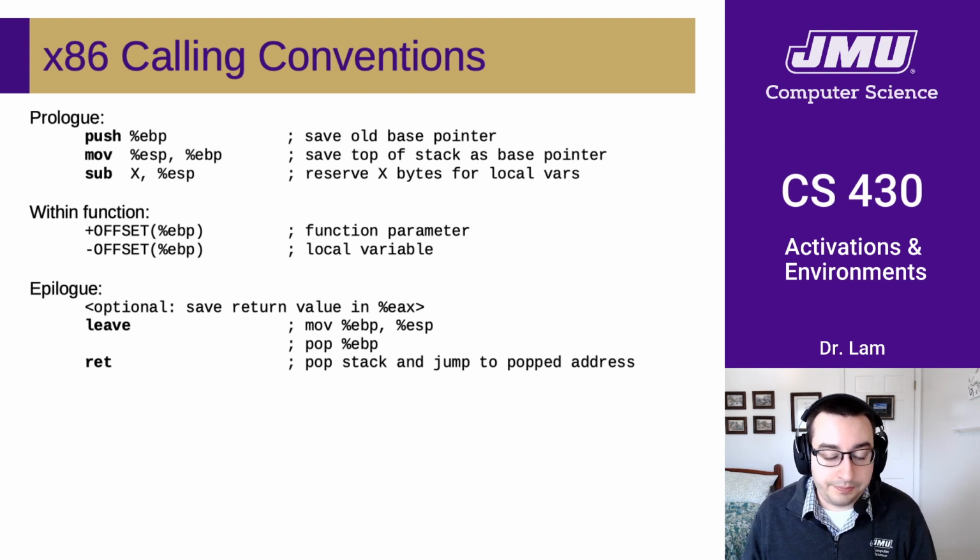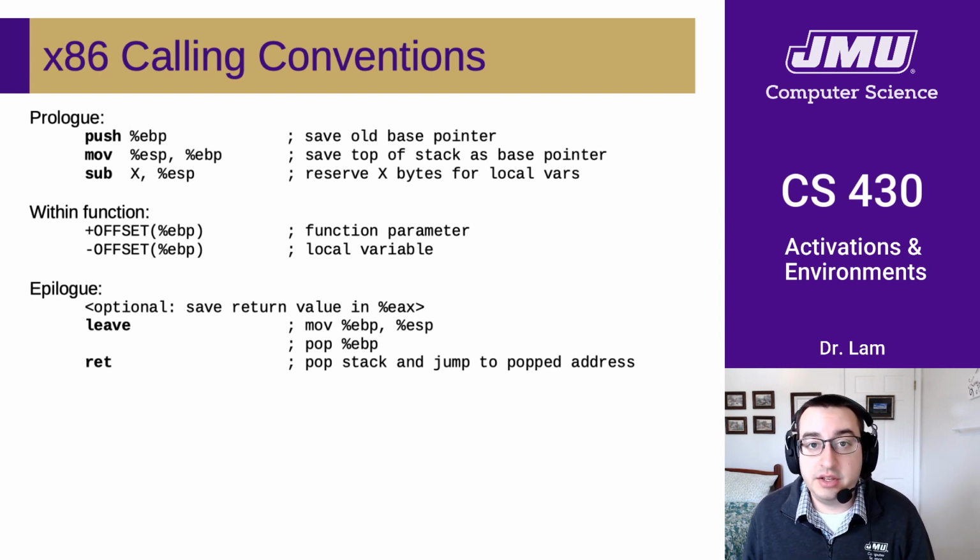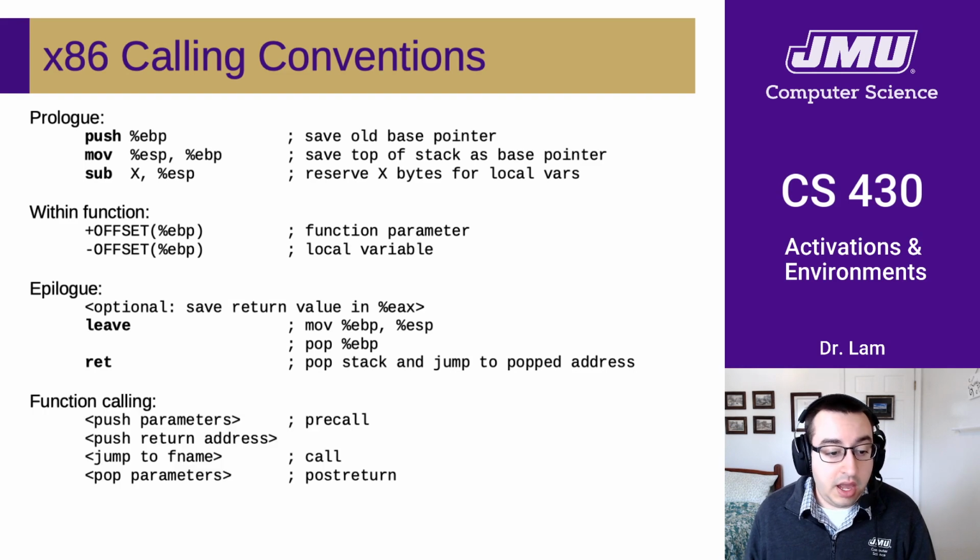So it takes the stack pointer, it restores the old base pointer and stack pointer, and then it pops the return address and transfers control to that return address. And so when you do the call, the pre-call and the post-return would look like this.